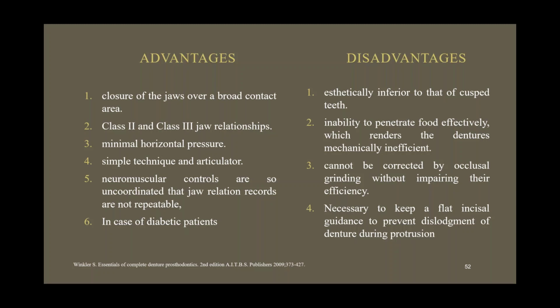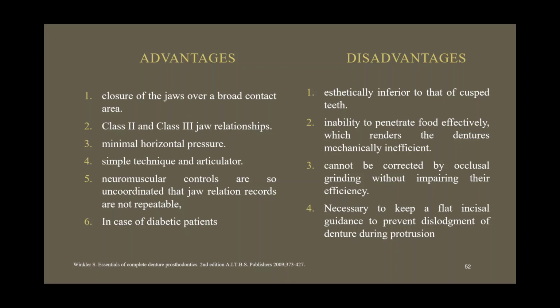And when the neuromuscular mechanisms are uncoordinated and the jaw relations are not repeatable, it is advisable to use non-anatomic teeth. In diabetic patients also, due to the decreased forces created by these teeth, it is advisable to use non-anatomic teeth.